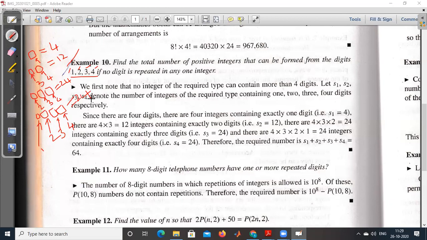Okay, so the total number of positive integers: one digit numbers, four; two digit numbers, 12; 24 different three digit numbers; and 24 different four digit numbers. So in total, 4 plus 12 plus 24 plus 24. That equals 64.